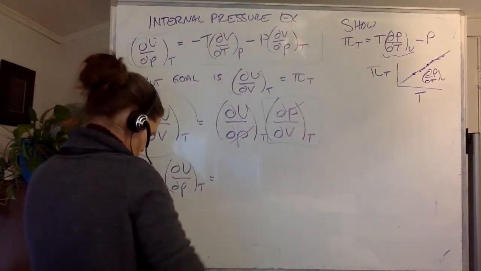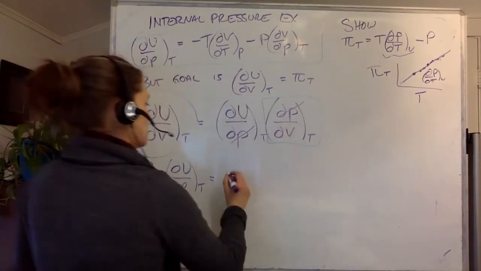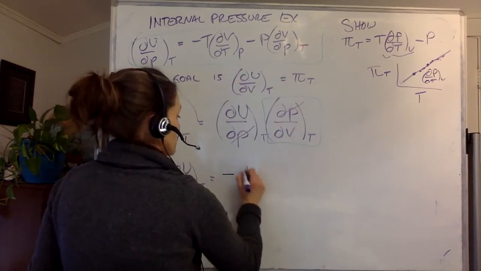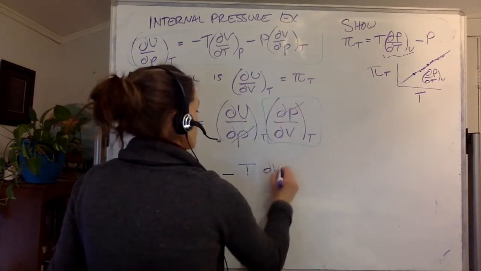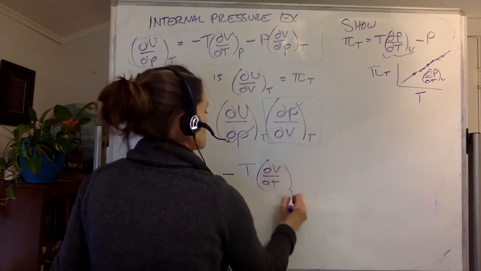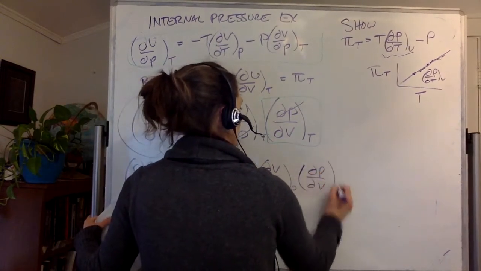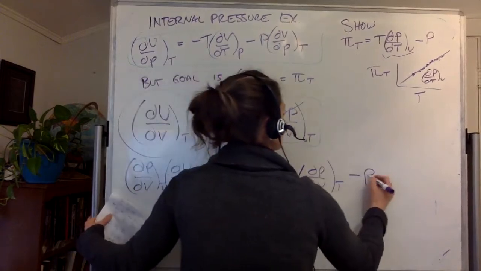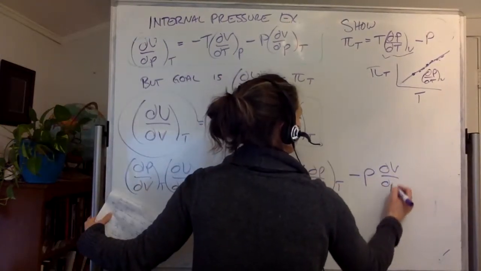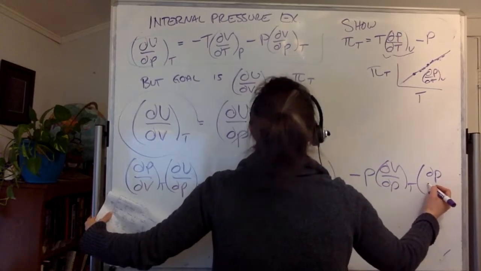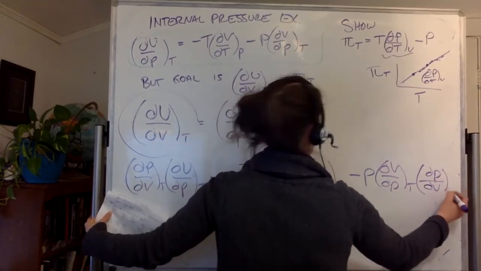Okay, so that's equal to, and I'm going to do it out so you can see it, minus T partial V partial T at constant P multiplied by dP dV at constant T, minus P dV dP at constant T, multiplied by dP dV at constant T.